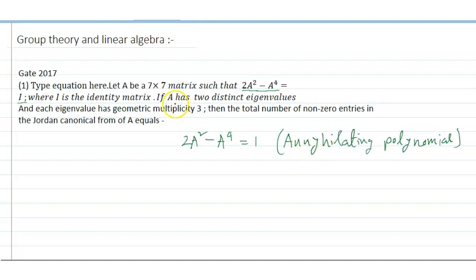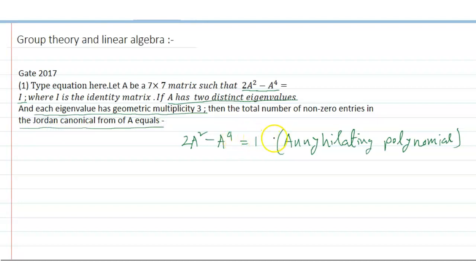If A has two distinct eigenvalues and each eigenvalue has geometric multiplicity 3, then what is the total number of non-zero entries in the Jordan canonical form of A?